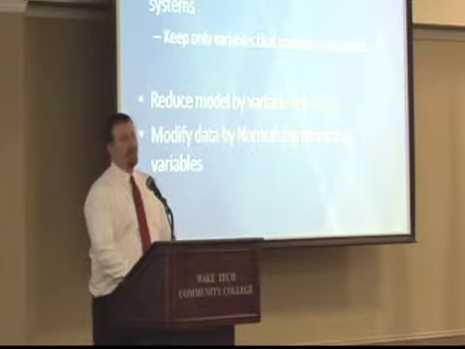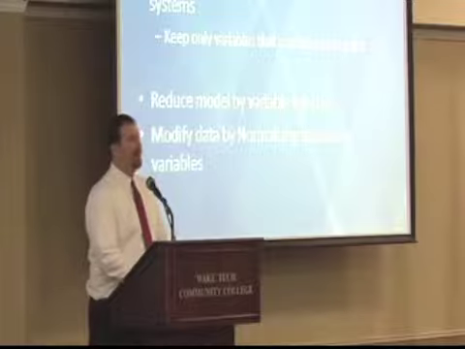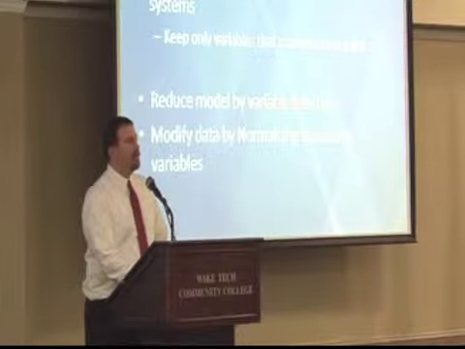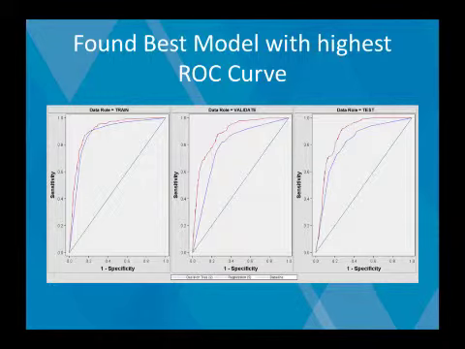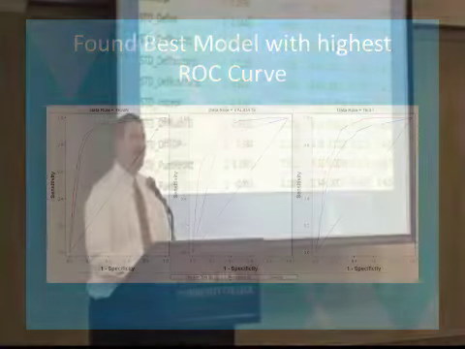Then I also ran the model through variable selection, and I normalized the variables to come up with a different model and a new ROC curve, which was accurately predicting about 83% of games, but it also had meaning.